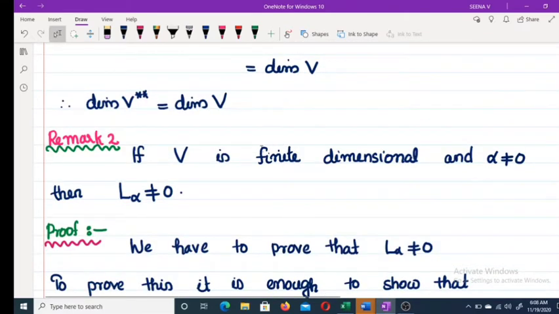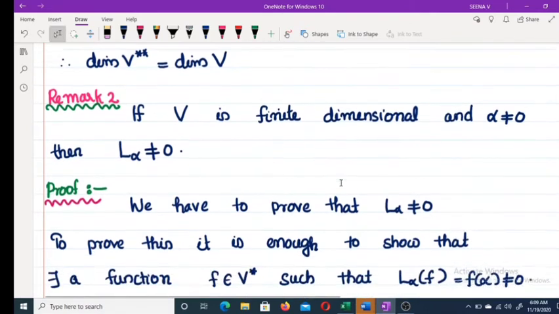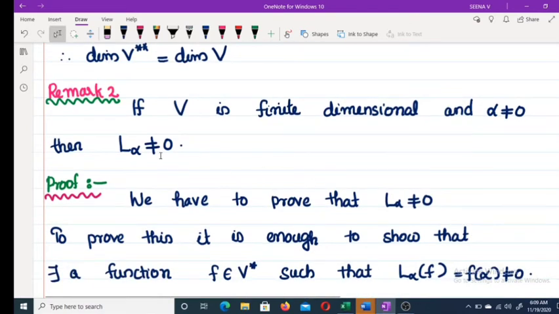Our next remark: if V is a finite dimensional vector space and alpha not equal to 0, then L alpha not equal to 0. That is, we have to prove L alpha is a non-zero linear functional.